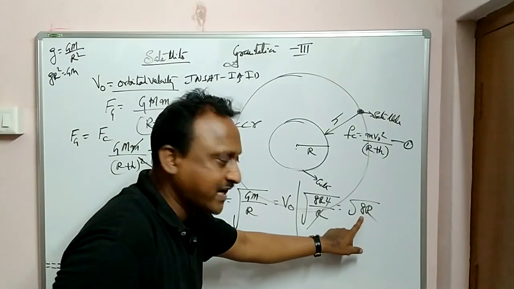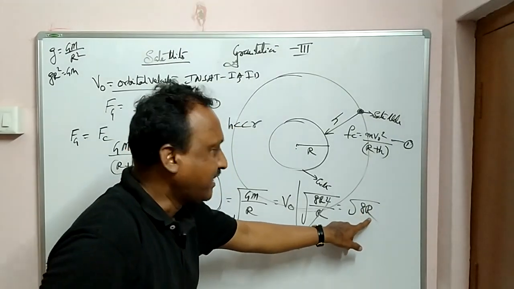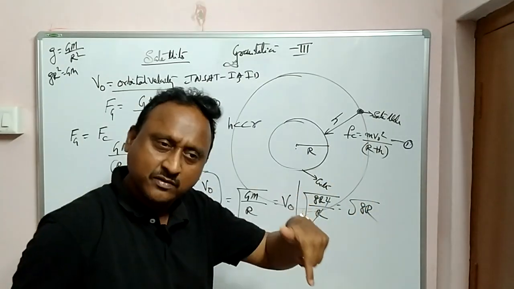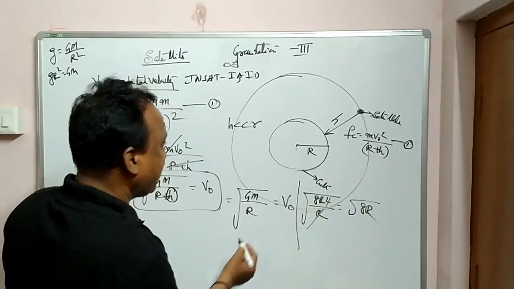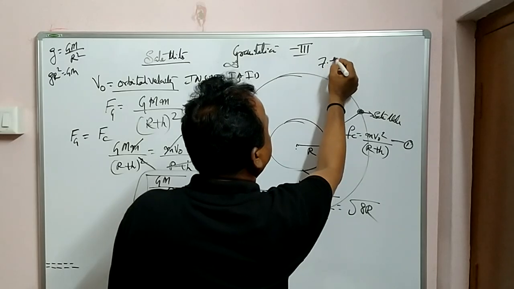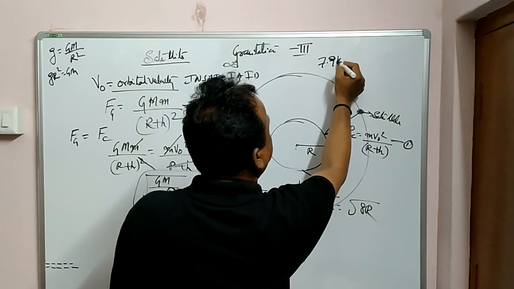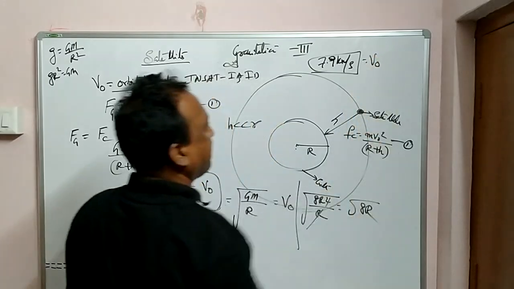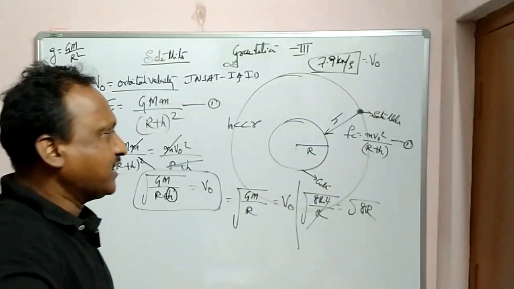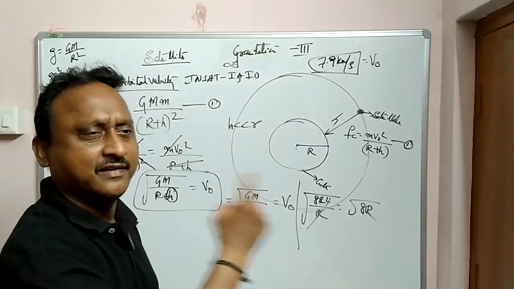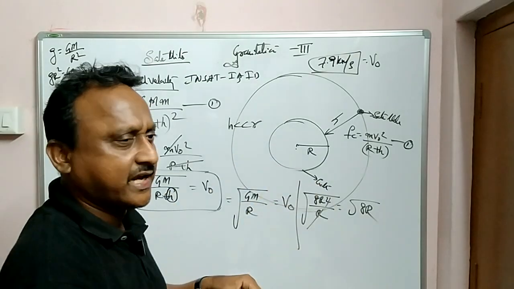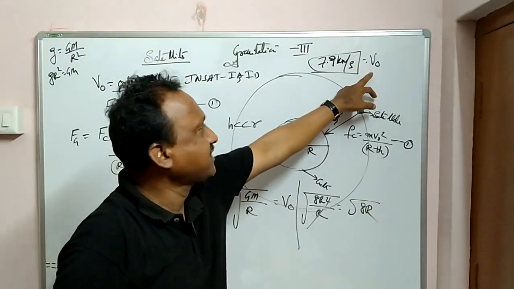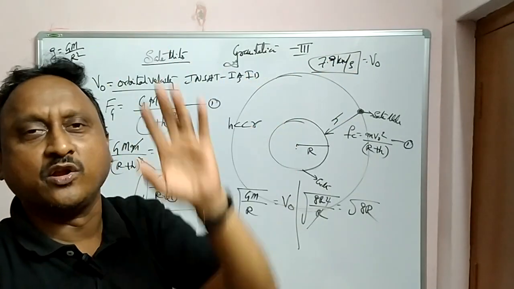If you put the value here, g value 9.8, radius of the earth 6400 kilometers, and convert 9.8 into kilometers per second square, then you will get around 7.9 kilometers per second. This is the orbital velocity. If the satellite has to rotate continuously without falling on the earth, the orbital velocity should be 7.9 kilometers per second.